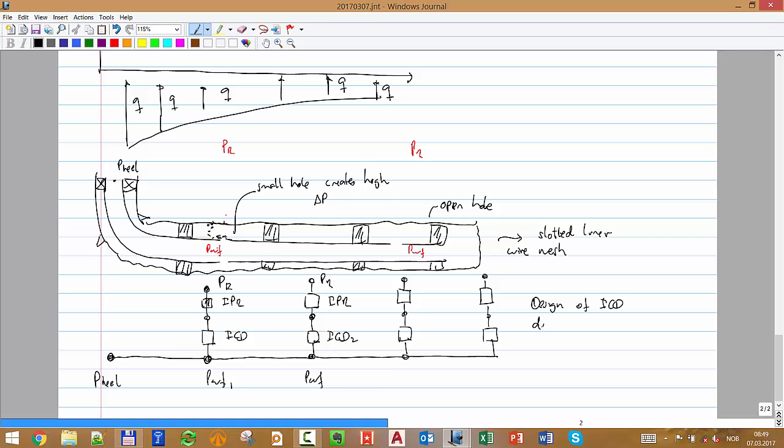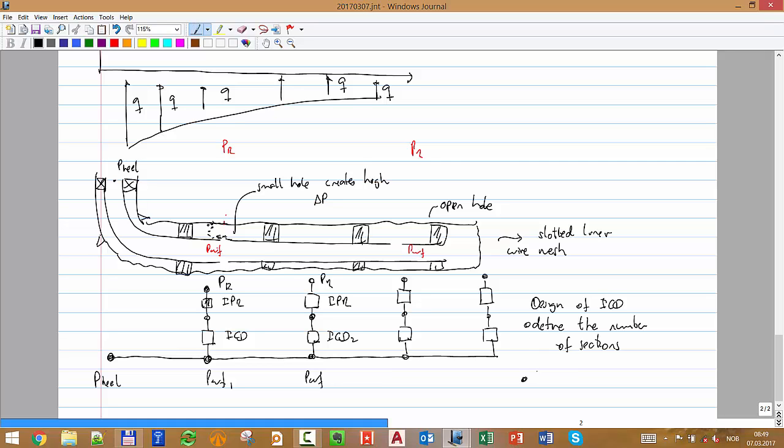But the point is that in the design of ICDs, I have to define the number of sections. That's the first thing, how many sections I want to make. And how many sections I make, I say, when is the pressure drop significant enough from one point to the other? Let's say 20% pressure drop, so I put one every 20%.